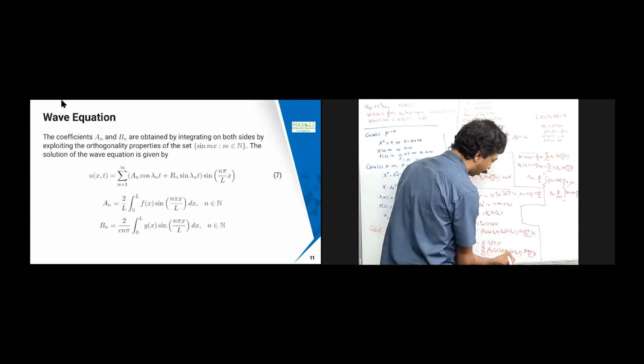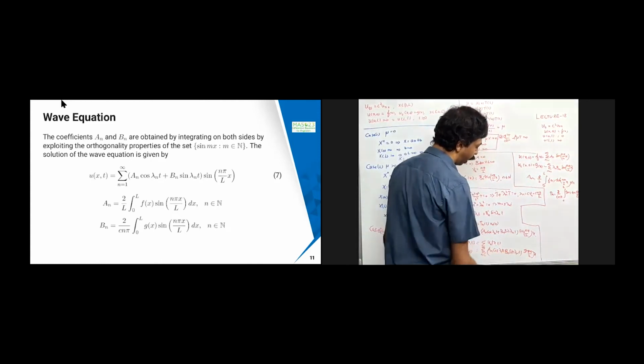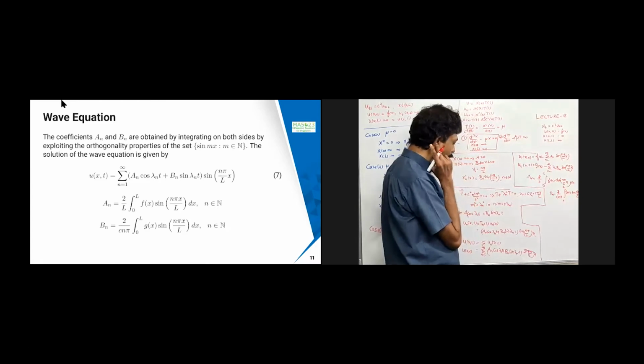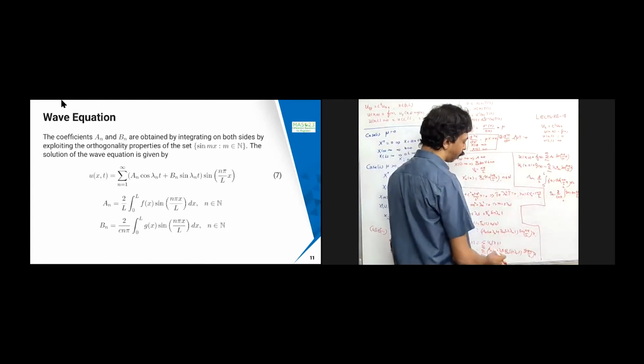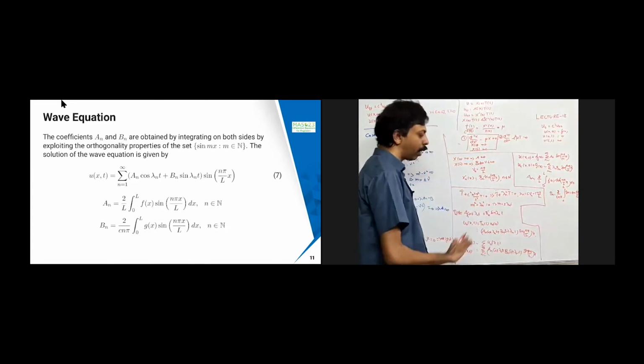Actually we can write this one differently. Here you are going to get cos lambda n t and sin lambda n t. If you combine this, you get cos lambda n t sin n pi x by L, and sin lambda n t sin n pi x by L. So I can use the cos a plus b, cos a minus b formula, and the sin a plus b, sin a minus b formula, and then we can get this equation in this format.